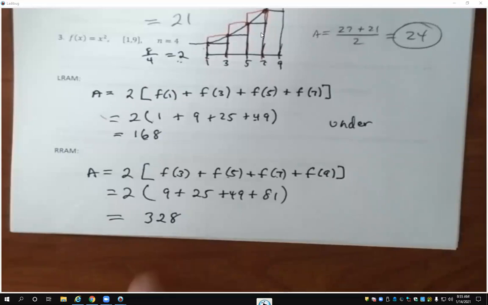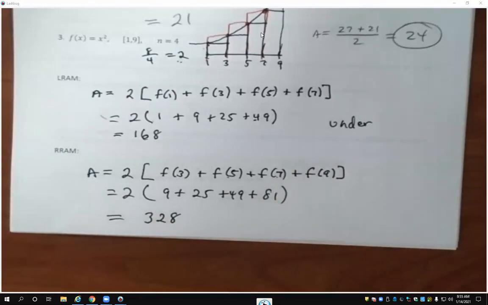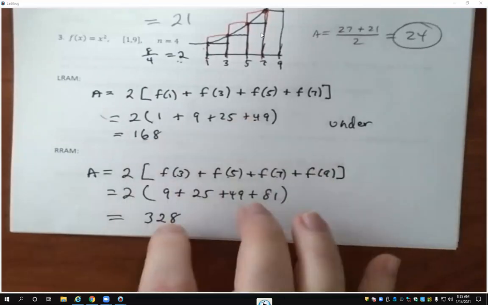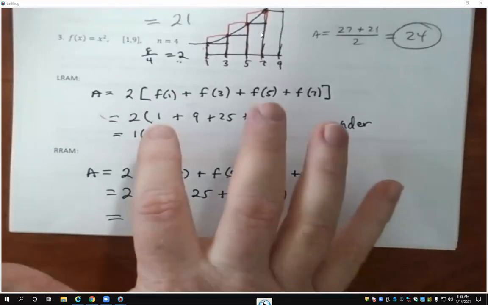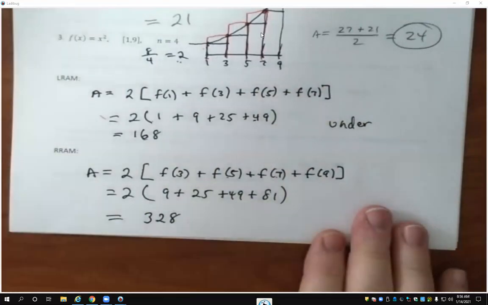Not a big gap. In this one, because our graph is getting bigger and bigger, and the interval was bigger, obviously there's a big gap between these two answers. And the area is somewhere close to the middle of that, not the exact area, but somewhere close to the middle of that.